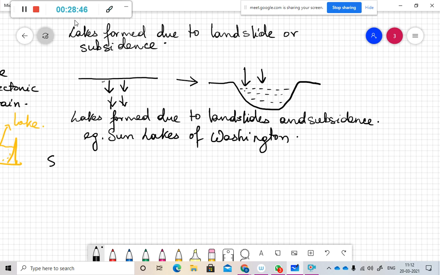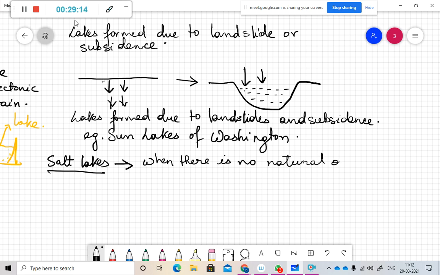Then we have the salt lakes. Salt lakes are formed when there is no natural outlet of water.